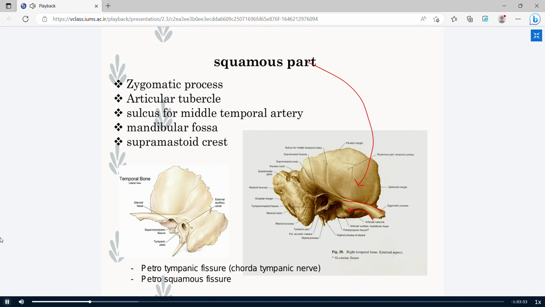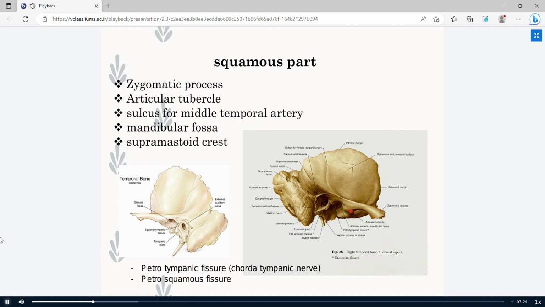The posterior root terminates at the tubercle, or articular tubercle, and the anterior root leads to the supramastoid crest. Actually, the anterior root of the zygomatic process is a continuation of the supramastoid crest.